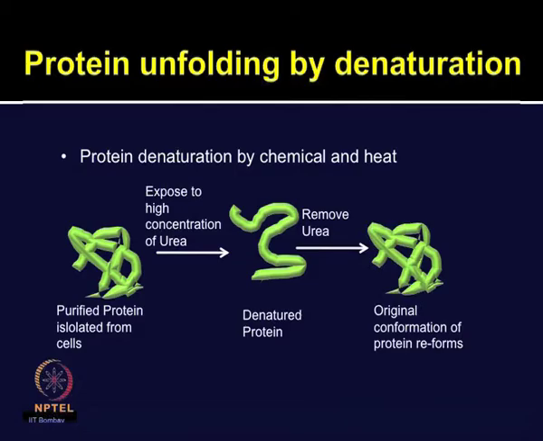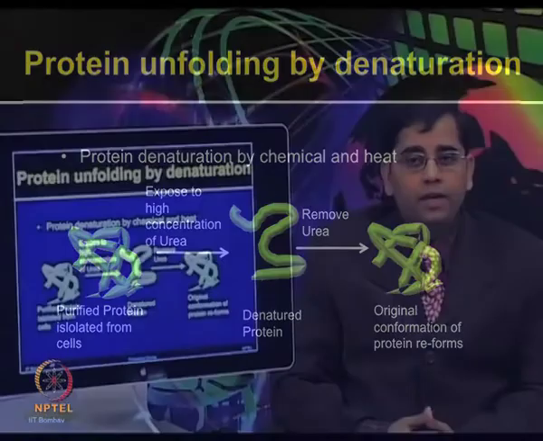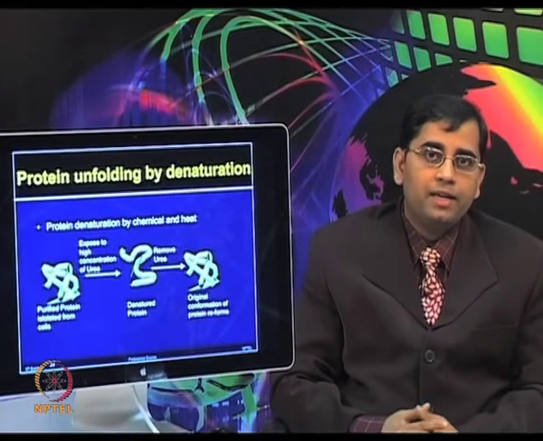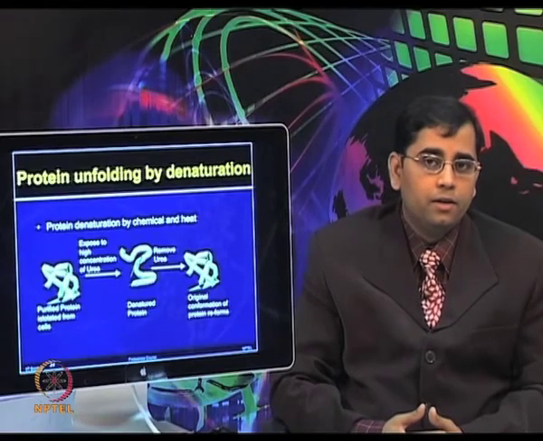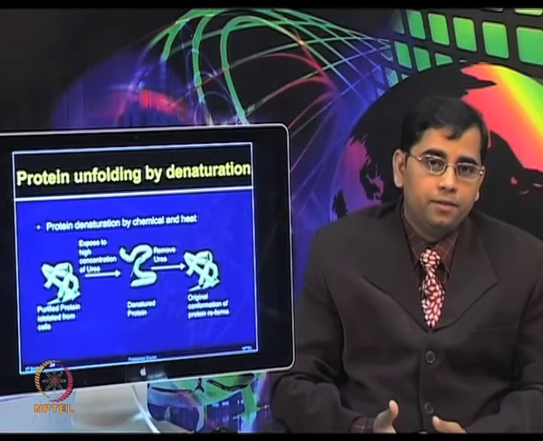Now, as you have seen in the classical experiment of Anfinsen, the protein unfolding can be done by using denaturants. If you take denaturants, whether it is chemical like urea and guanidinium chloride, or you heat treat it.